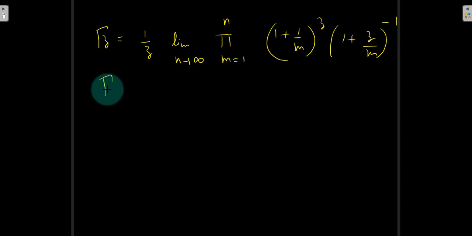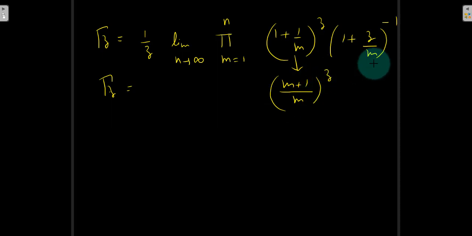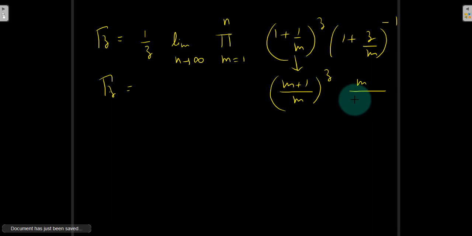Now gamma z, from here you can write it as m plus 1 over m to the power z, and this you can write as m divided by m plus z. Okay, m divided by m plus z.